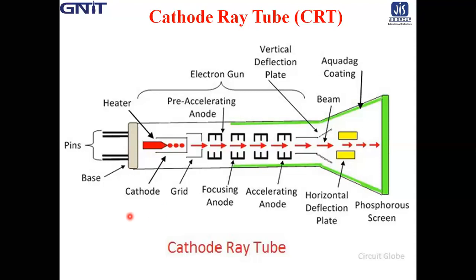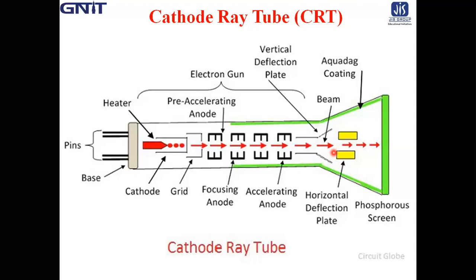Then come the deflection plates. The electron beam comes under the influence of vertical and horizontal deflection plates after leaving the electron gun assembly. As the electron beam is negatively charged, the voltages on the vertical and horizontal plates deflect the beam in the vertical and horizontal directions respectively.